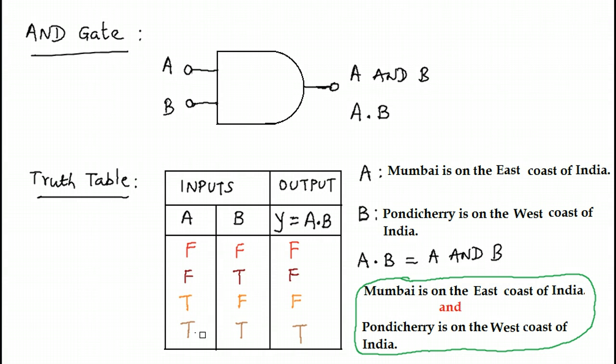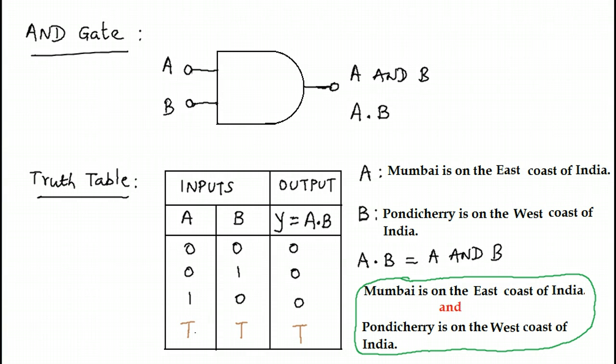So this is the truth table corresponding to the Boolean expression A and B, and all I have to do now is to replace false with 0 and true with 1. So I'll start with the first row. False, false, false becomes 0, 0, 0. In the second row, false, true, false becomes 0, 1, 0. In the third row, true, false, false becomes 1, 0, 0.